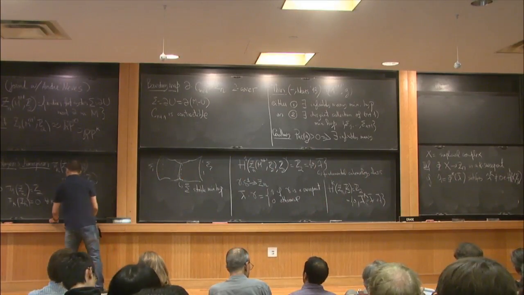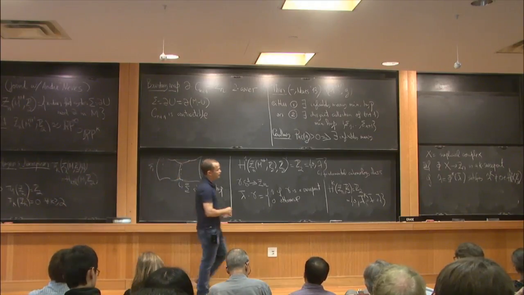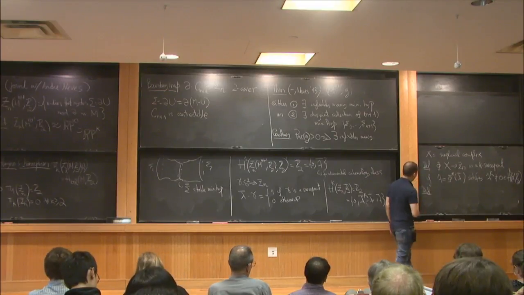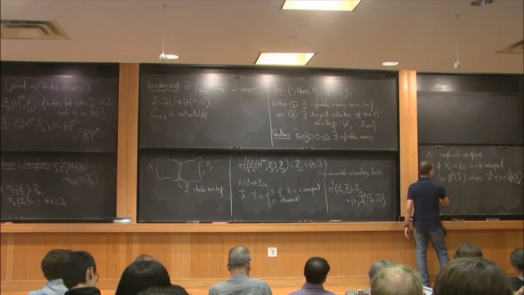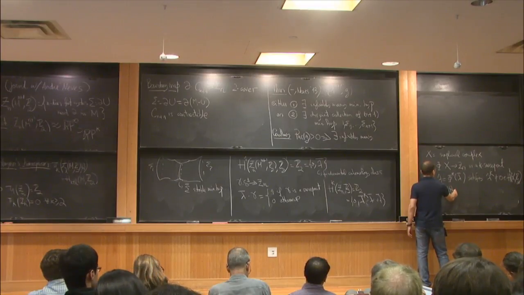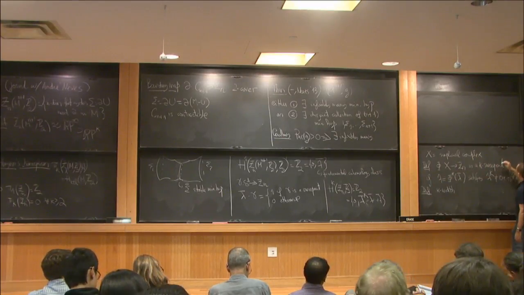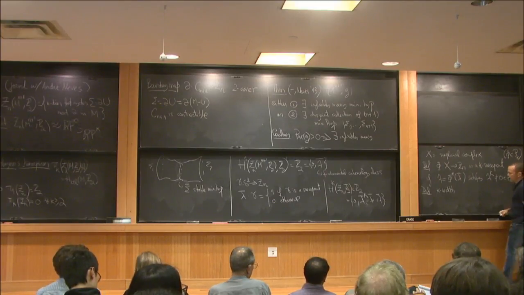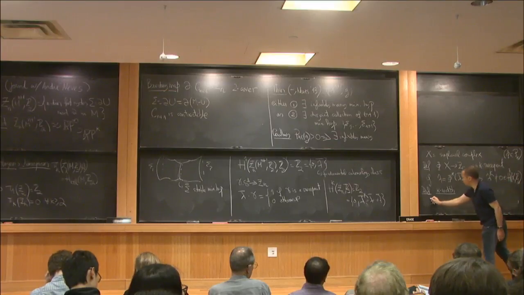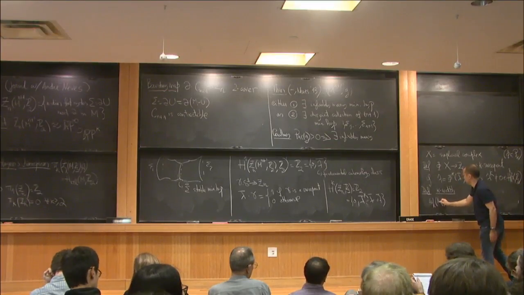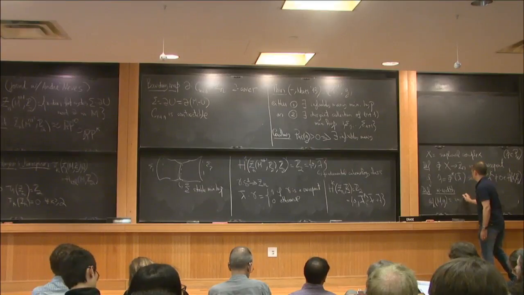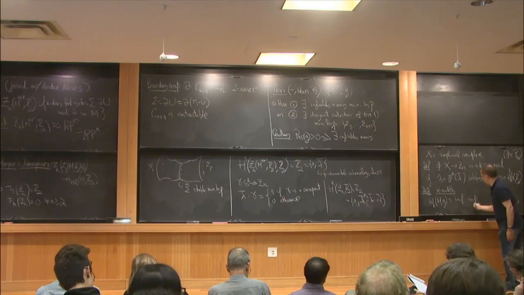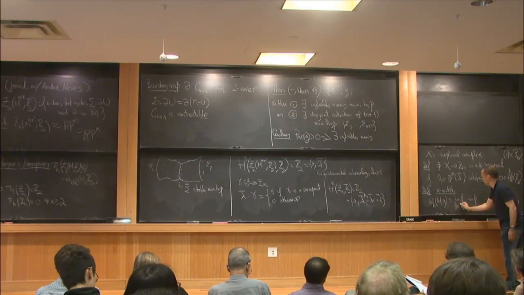And then once you have the natural class of sweepouts, you can do minimax. We define the following geometric invariant called the k-width. If phi is a k-sweepout, I'm going to denote it by phi belongs to P sub k. So the k-width is this number, which I denote by little omega k of (M, g). This is a minimax. I look at all k-sweepouts.